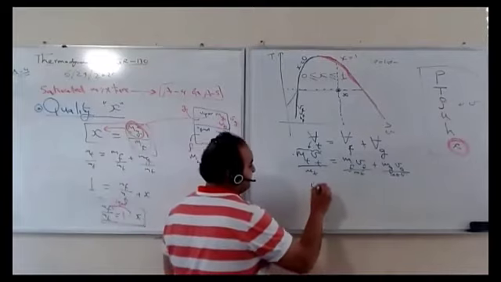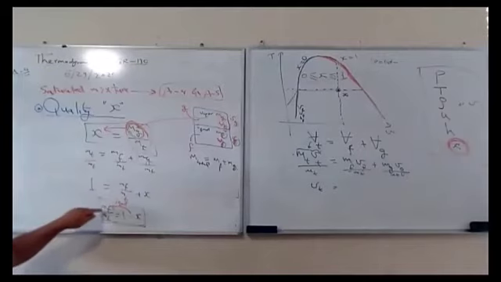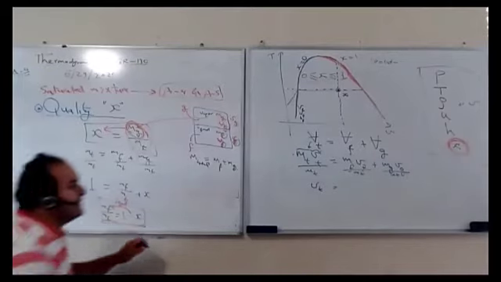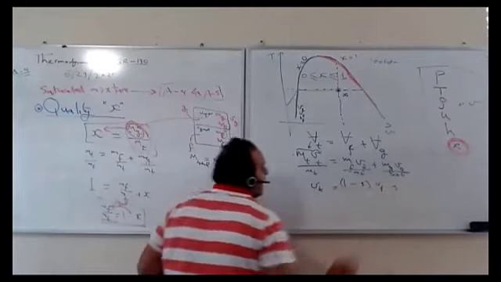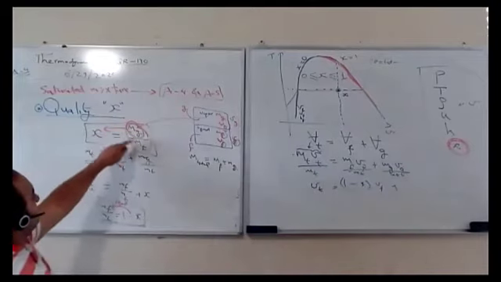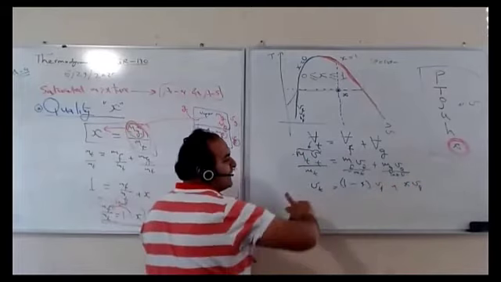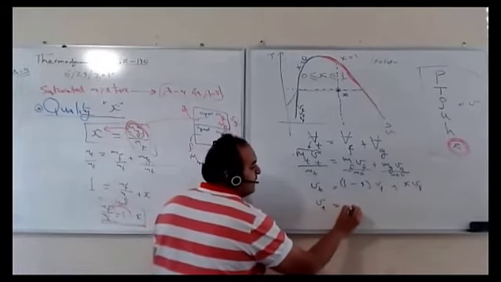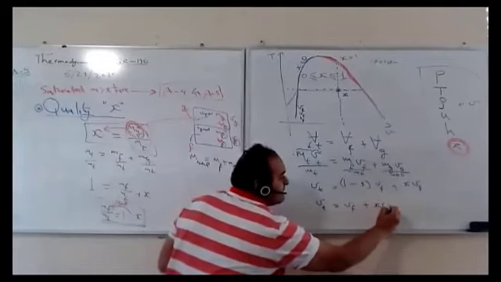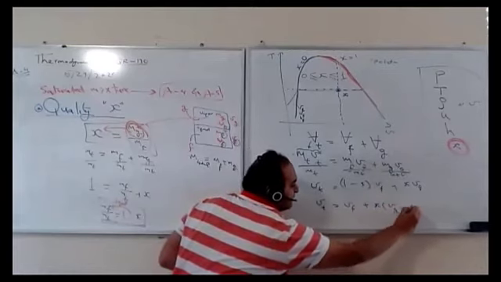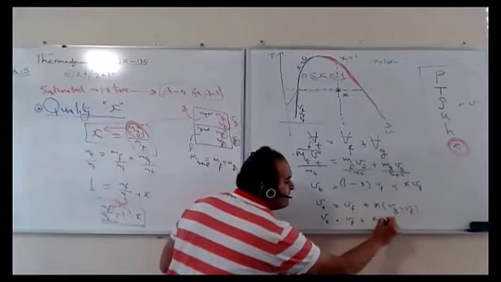So this is V. mf over m total is 1 minus X, times VF, plus mg over m total, which is X, times VG. Or take X as a common factor: V equals VF plus X times (VG minus VF), or V equals VF plus X VFG.